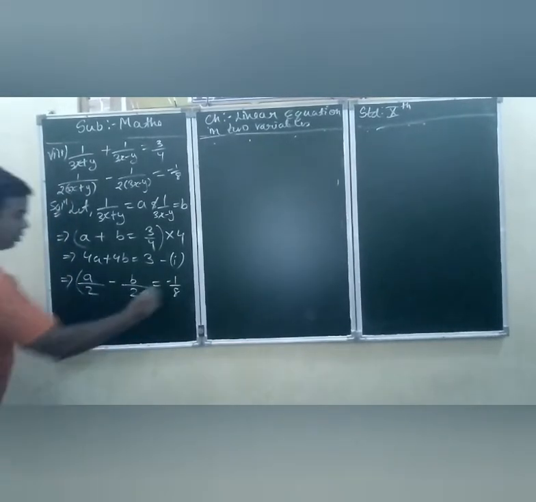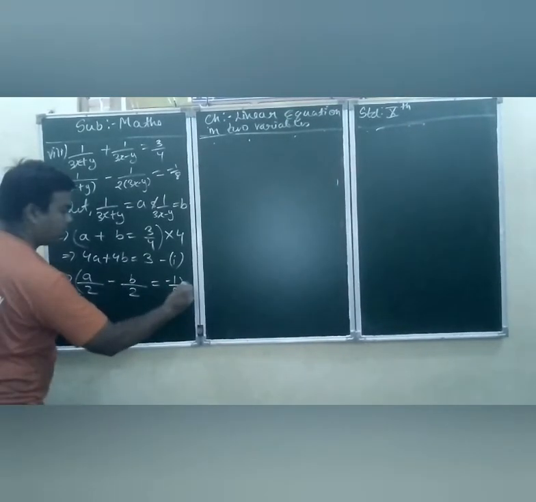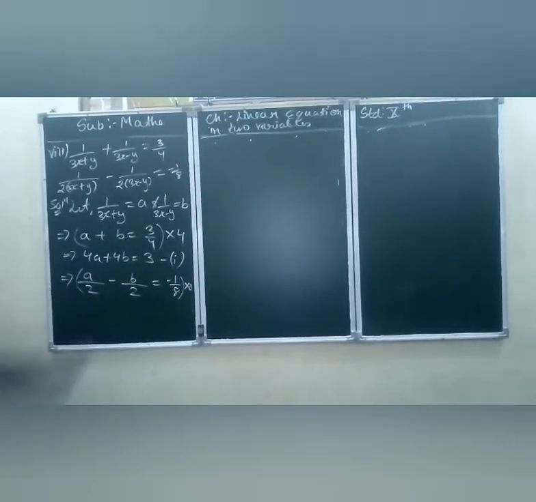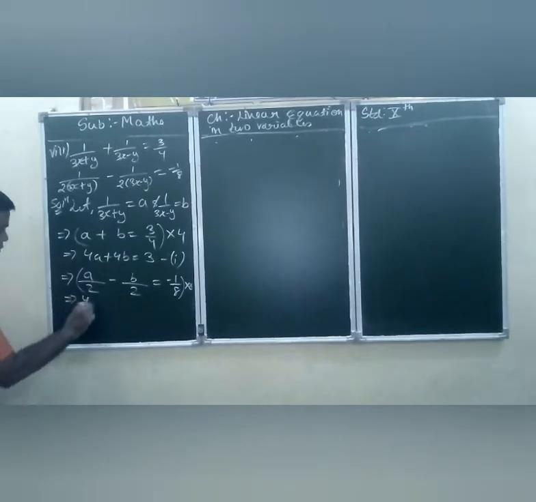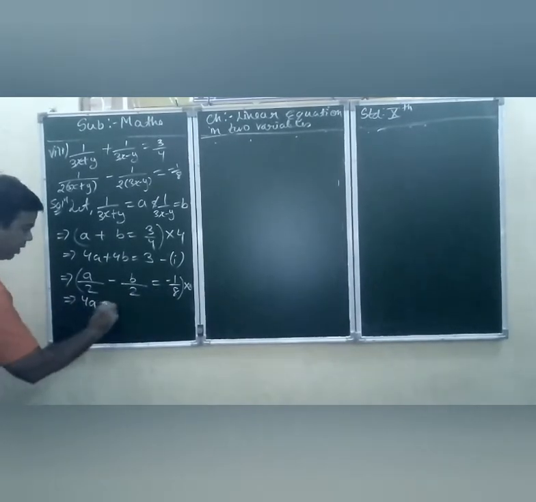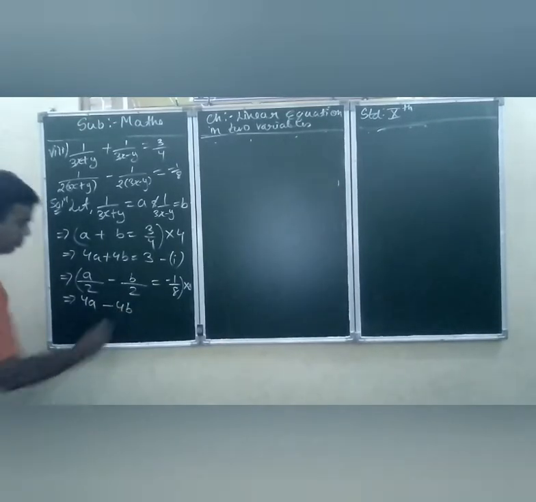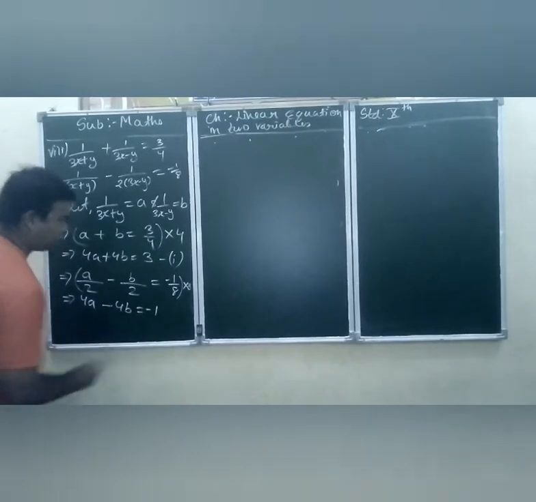The whole equation is multiplied by 8, because the LCM of the denominators is 8. So 2 4 is 8, 4a minus 4b is equal to 8 cut minus 1.